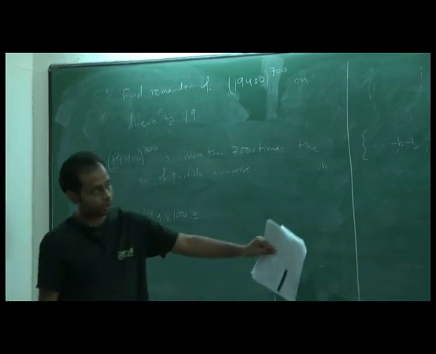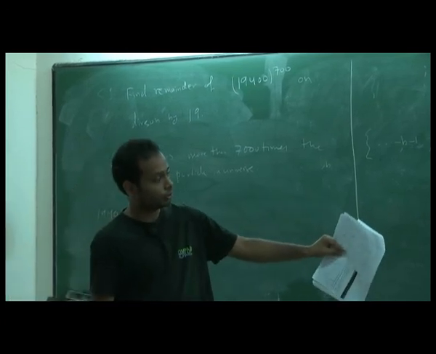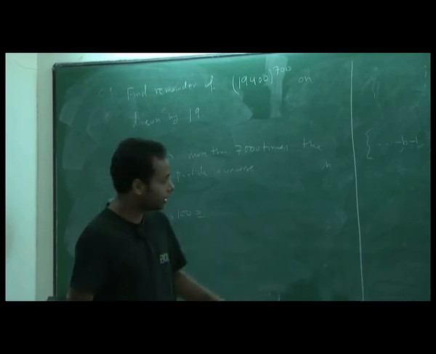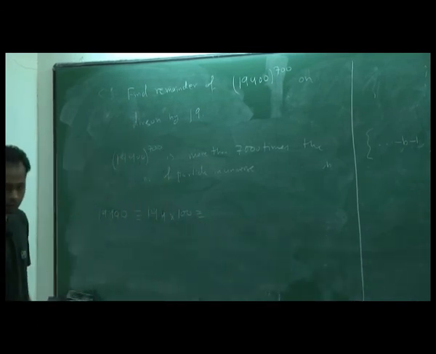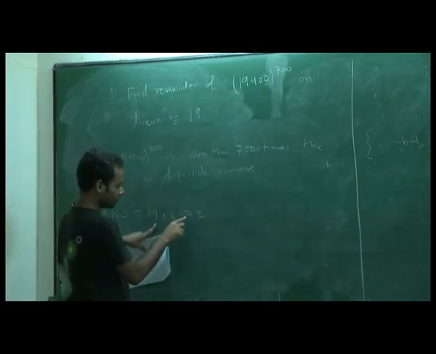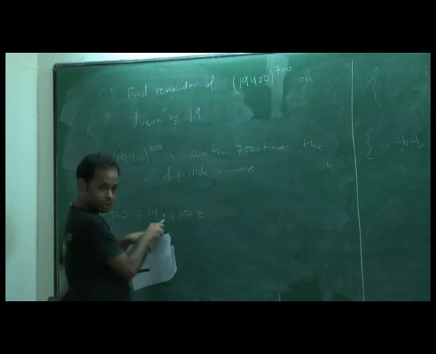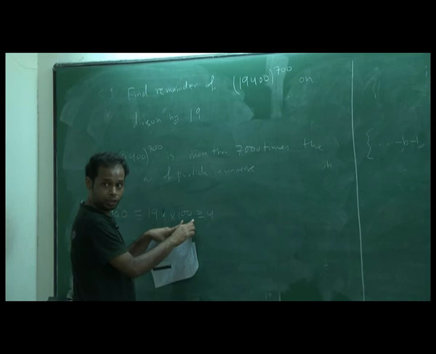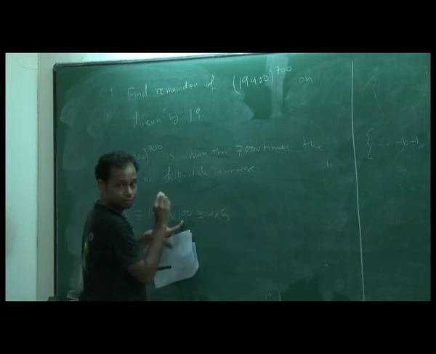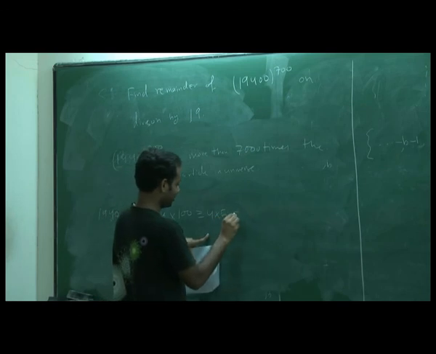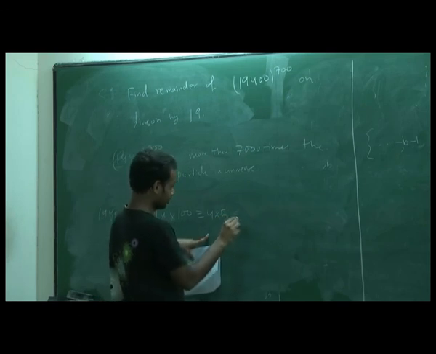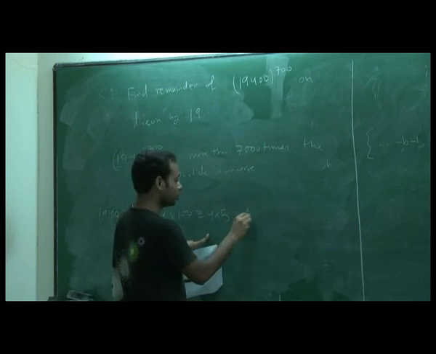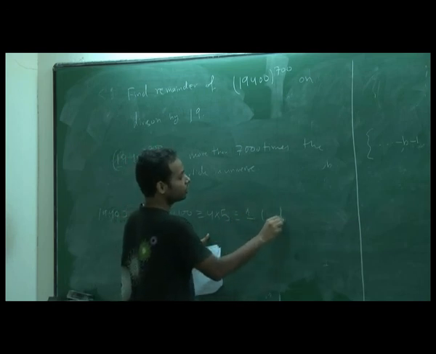I wrote that property: A congruent to B mod n and C congruent to D mod n, then AC is congruent to BD mod n. And this is congruent to 19 into 5, that is 95. This is congruent to 5, which is congruent to 20, which is 19 plus 1, which comes to 1 mod 19.